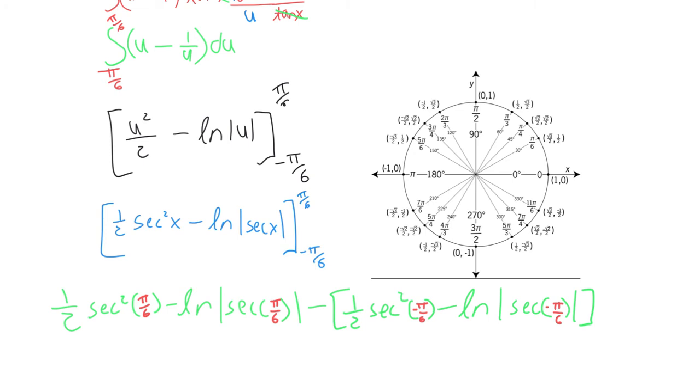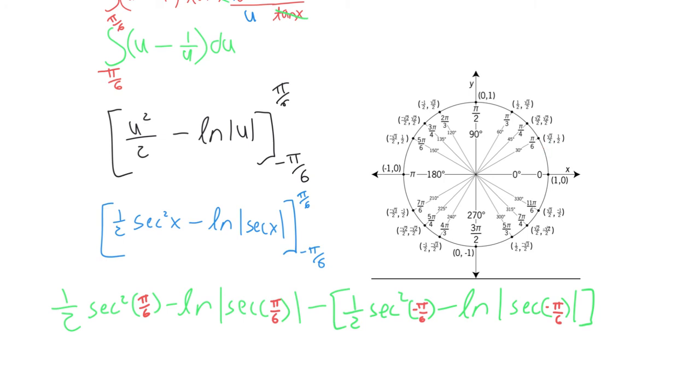I think at this stage we could use the unit circle. So the secant of pi over 6, well, secant is the reciprocal of cosine. So the cosine of pi over 6 is radical 3 over 2. So the reciprocal of that is going to be 2 over radical 3, which becomes 2 radical 3 over 3.